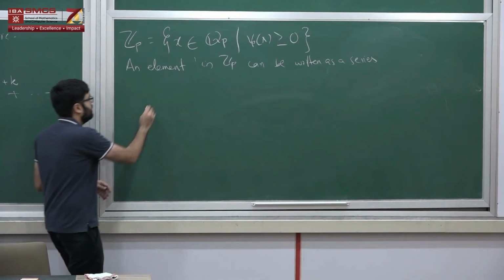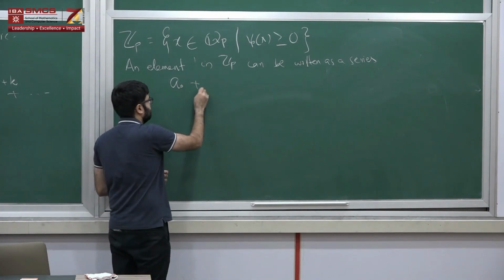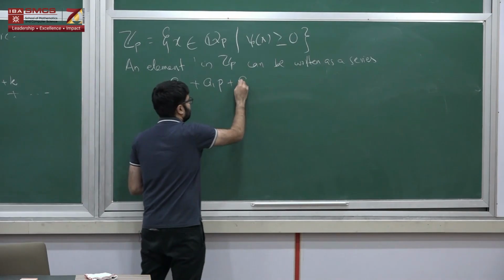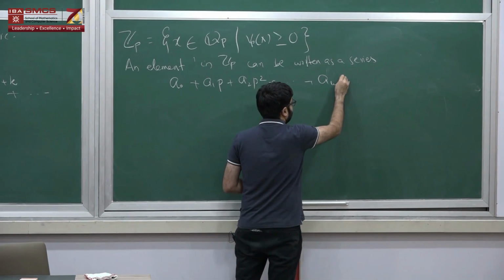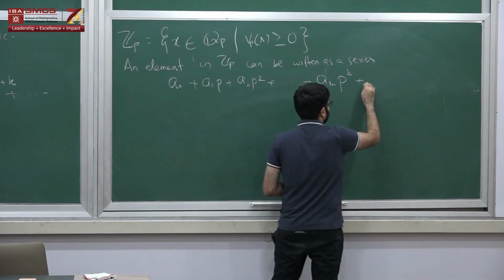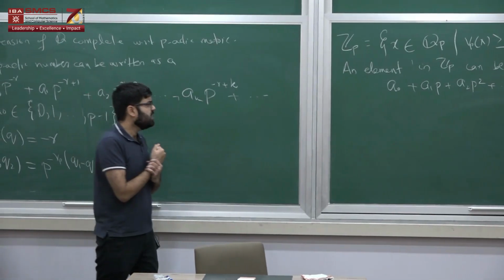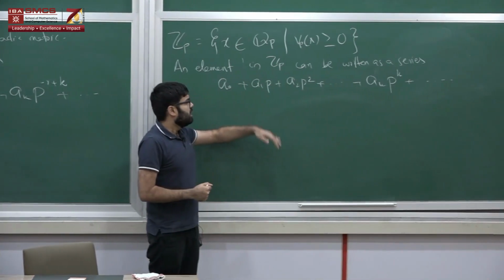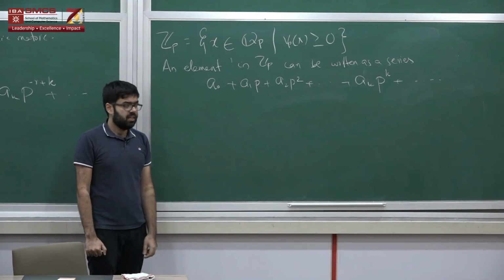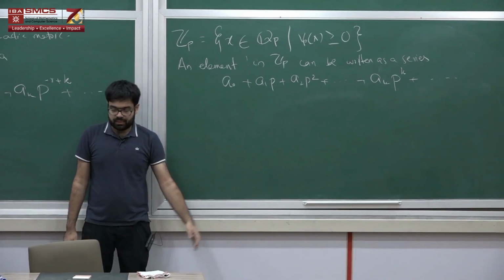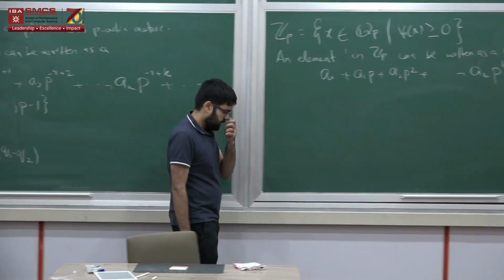So, I can just say a0 plus a1 p plus a2 p squared, and then ak. What I want to do is give an alternative interpretation of this space that goes through finite groups or rings of integers modulo n.